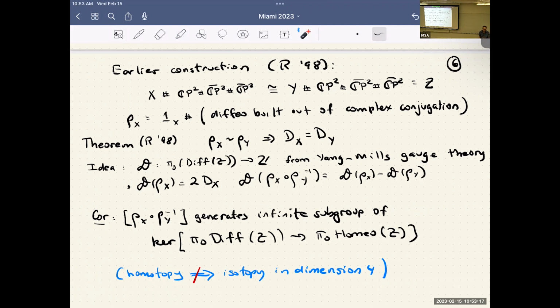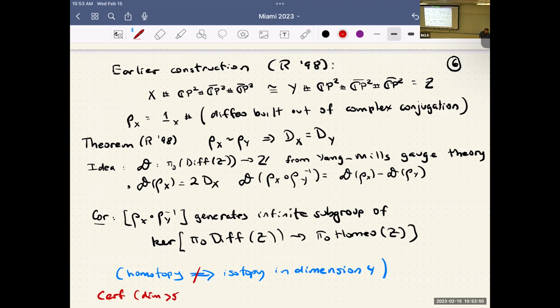Let me put it this way: in higher dimensions, and actually in dimension 3, no, sorry, not true. In higher dimensions, for simply connected closed manifolds, pseudo-isotopy, which is actually the relation that you see here, would imply isotopy. So that's a famous theorem of Cerf, for dimension bigger than 5.